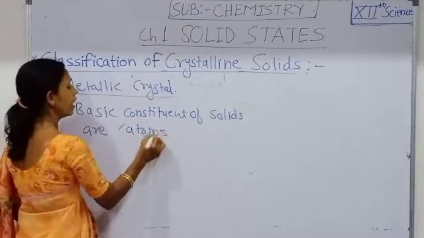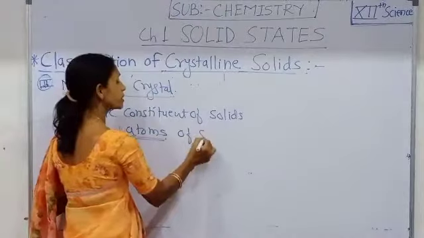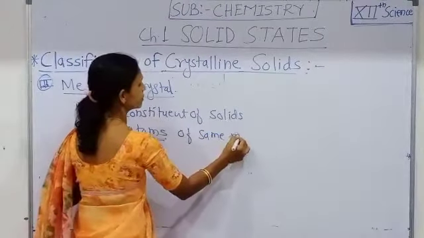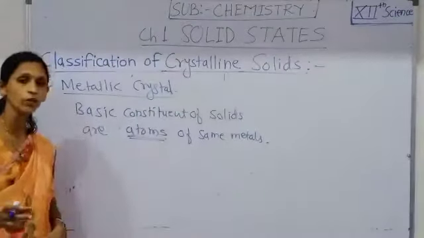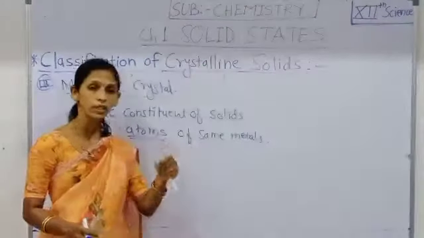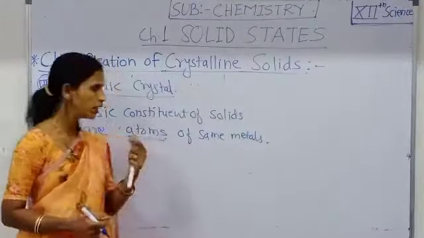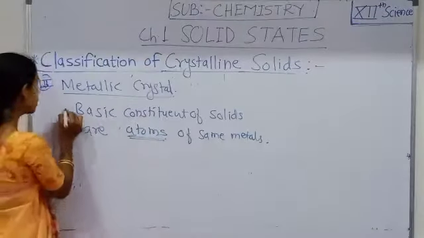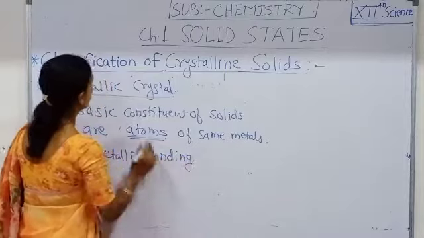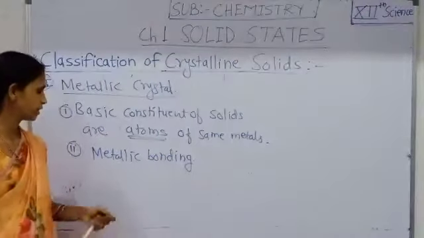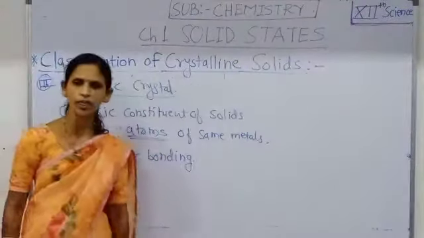These are atoms of the same metal. That means this type of solid is formed from atoms of the same metal. Metallic bonding is present in this type of crystalline substance. Then what is metallic bonding?